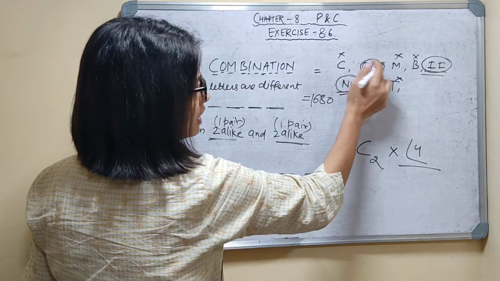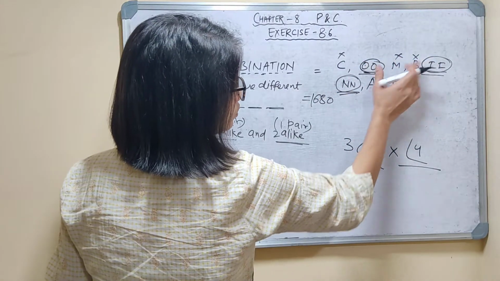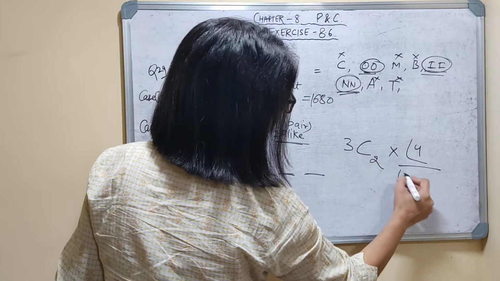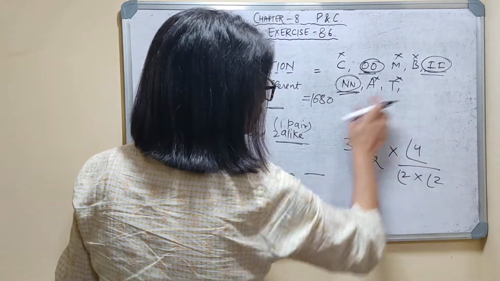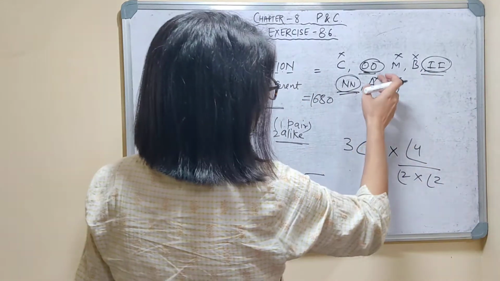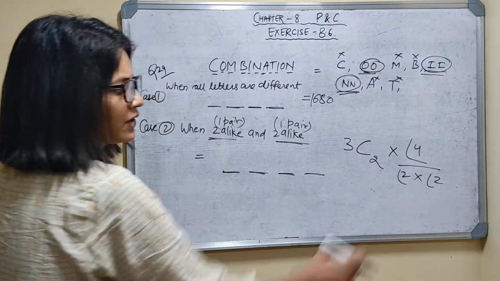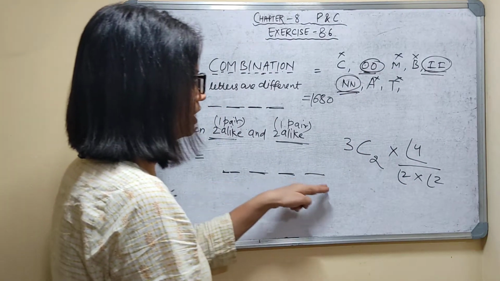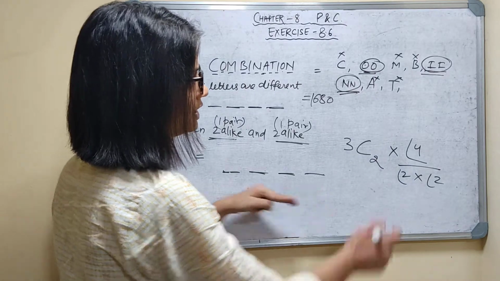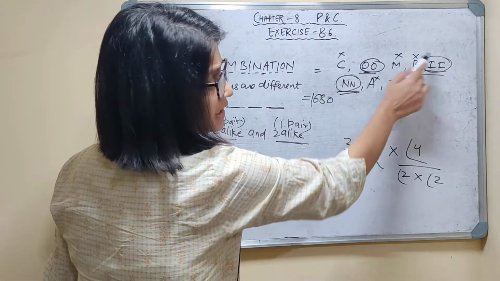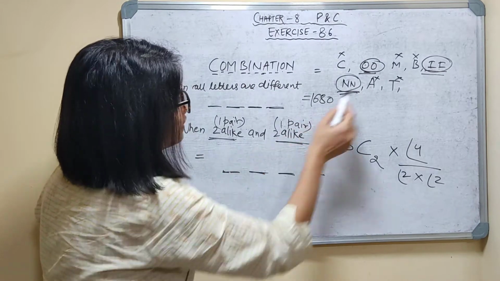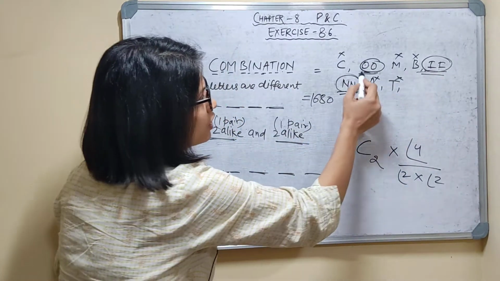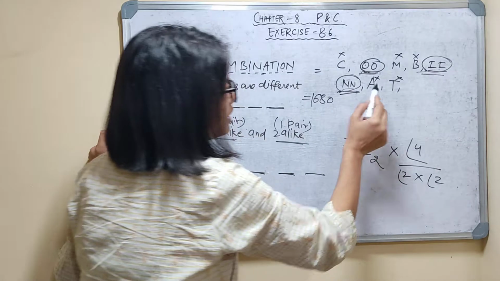Whichever 2 pairs I take, each is repeated 2 times, so factorial 2 into factorial 2. The pairs can be OO and II, or OO and NN, or II and NN.